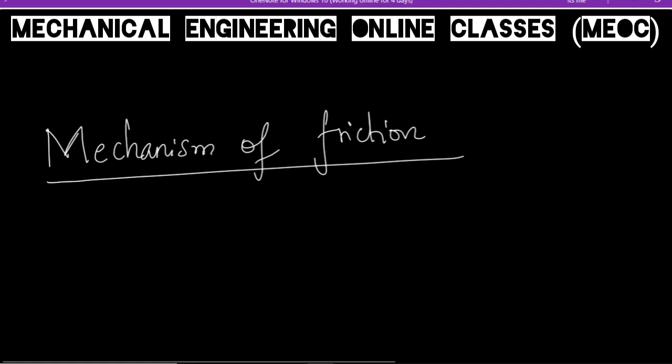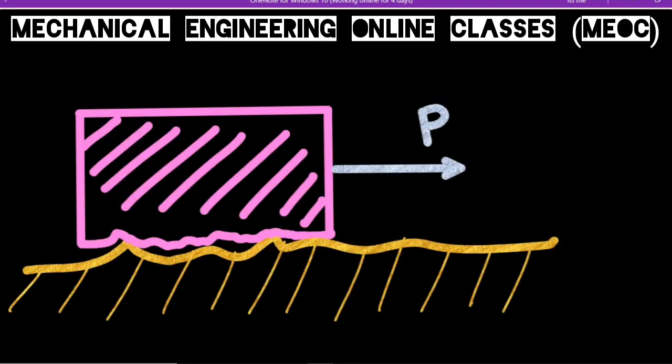So in order to understand why friction is a tangential force between the two contact surfaces, we need to understand the mechanism of friction. That means how friction is developing. Let us see an example.